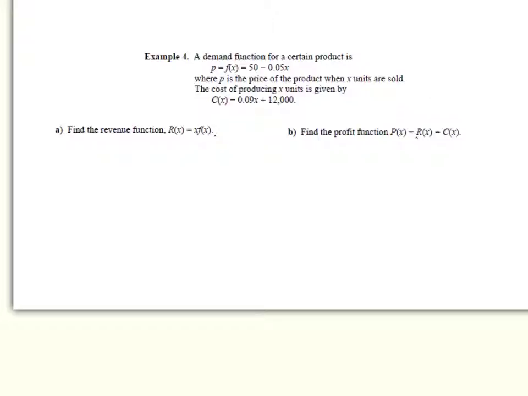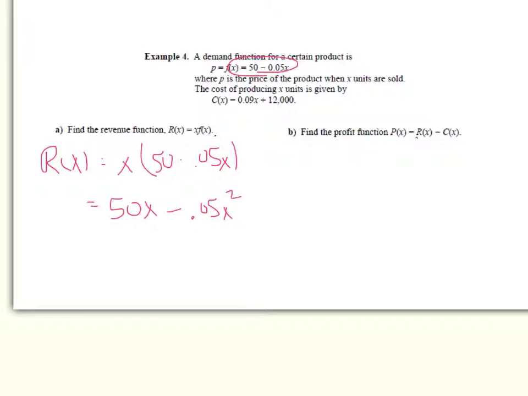So for part A, to find our revenue function, we have r of x will equal x times f of x, which in this case is 50 minus 0.05x. When I do that, I get r of x equals 50x minus 0.05x squared. So there's my r of x equation.